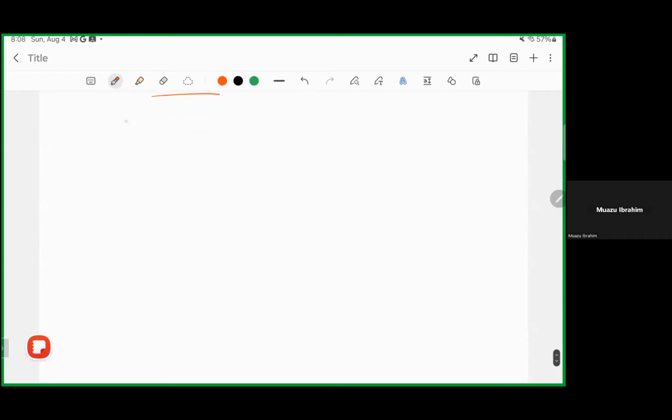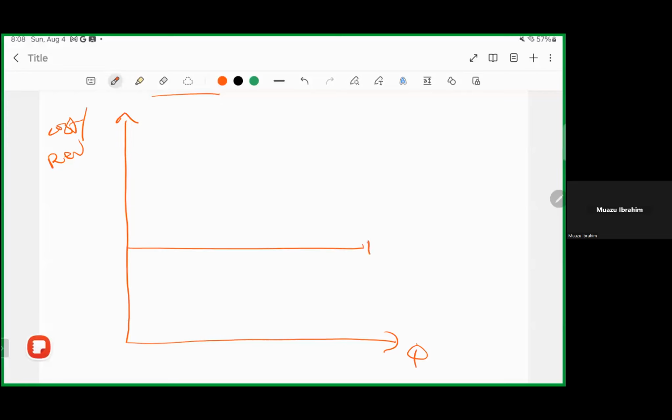So we will have quantity here. Here is the cost or revenue side. So we have here demand, which is equal to average revenue, which is equal to marginal revenue, which is the same thing as price. Okay. So here we are going to have our average cost curve like this. And then we have our marginal cost curve like this.